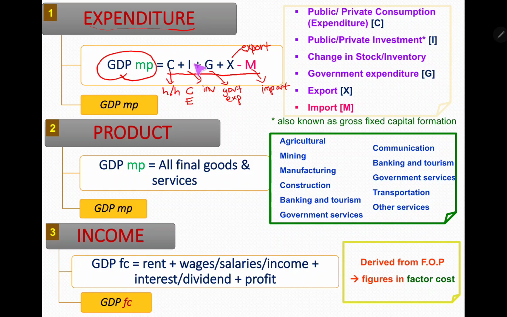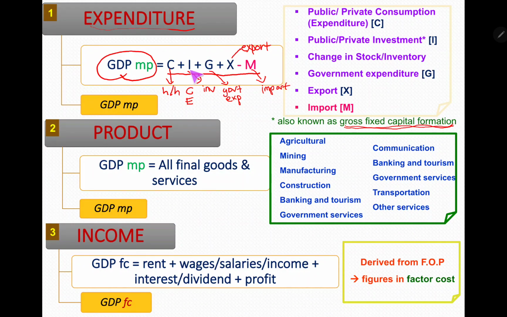And besides investment, they can also use a different name for this term, which is gross fixed capital formation. So when you want to calculate your national income based on the expenditure approach and you cannot find the name investment, then try to look for gross fixed capital formation.